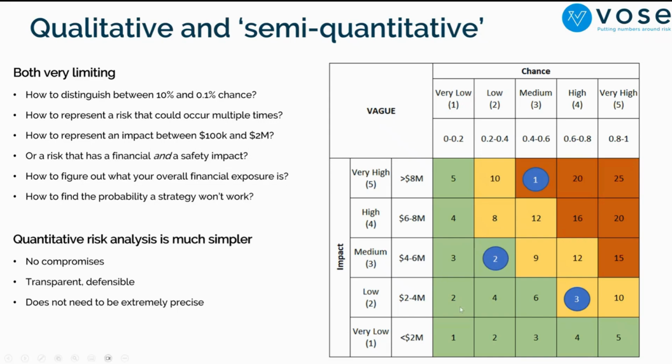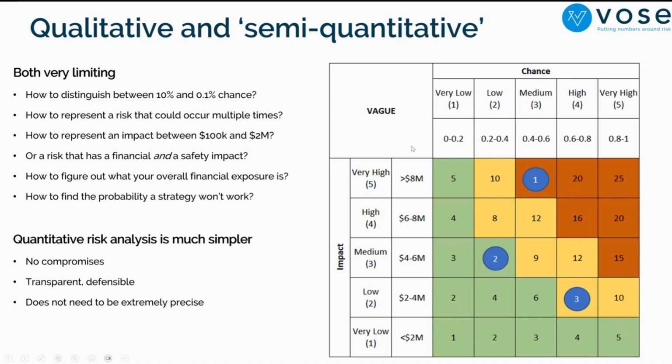Like you all know this type of the heat map, where on the x-axis you have the chances of occurring, probability of occurrence of a risk, and then on the y-axis you have the size of the impact, and then you put in risks in those boxes which are colored green, yellow, red.